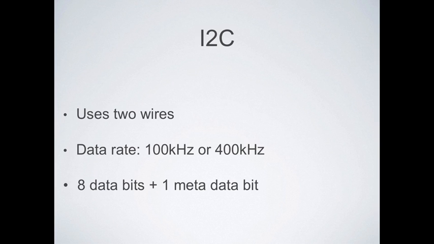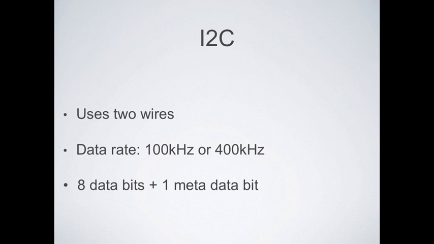So I2C, I'm not going to really cover it in this particular section given time, but I2C uses 2 wires, and the data rate is either 100K or 400K, depending. You have only one of the 2 options.